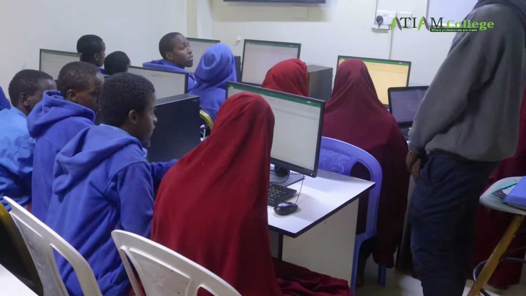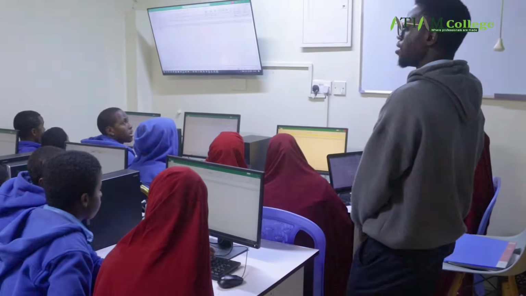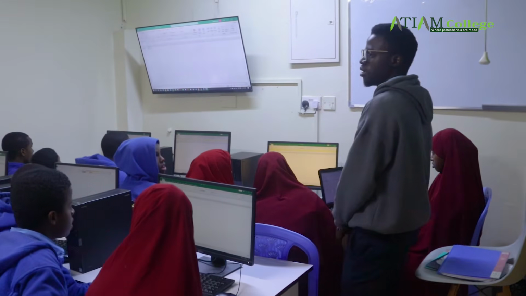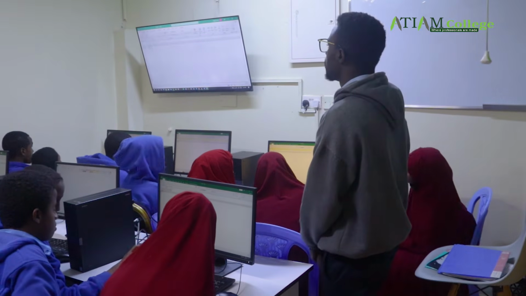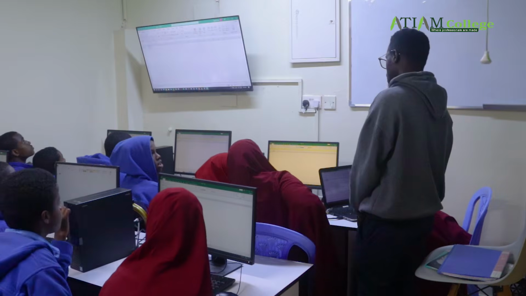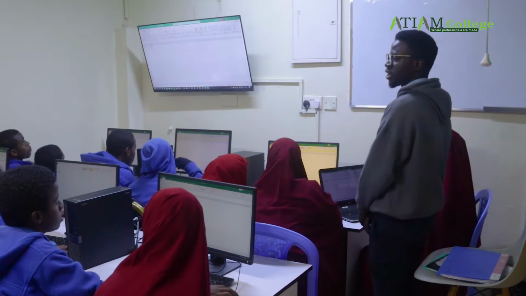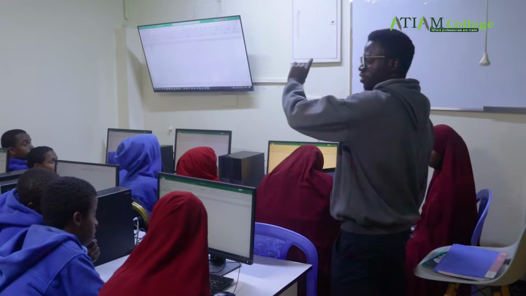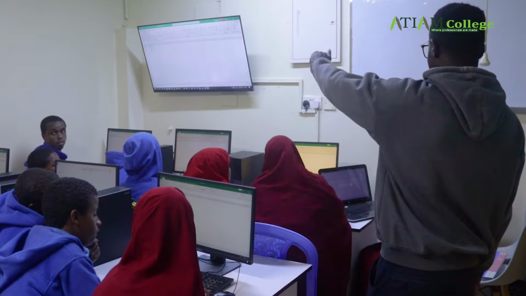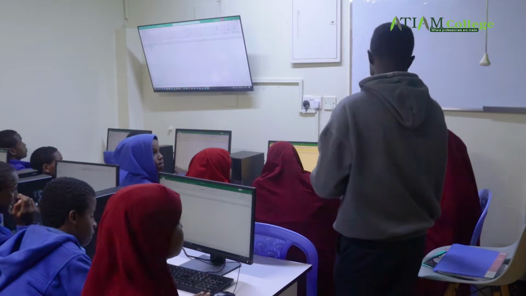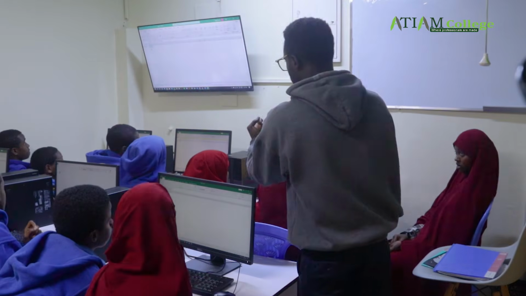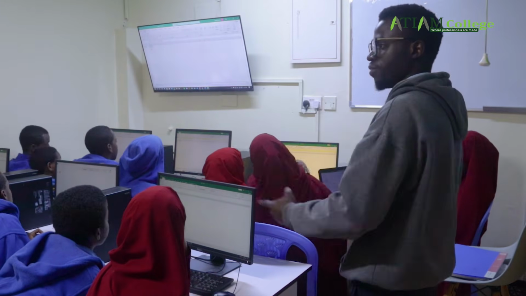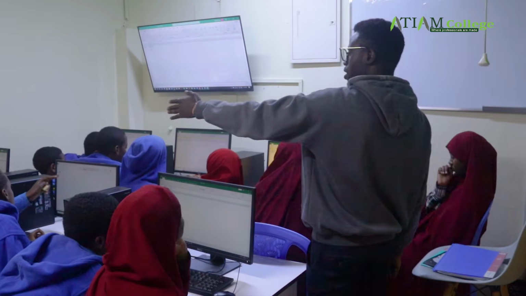Okay. I want you to move to the cell on the right. Use your mouse. Move to the cell on the right, as you can see on the screen. On that cell, we are going to write the subject. I want you to write English on that cell as I presented it. You've seen how I've done it.